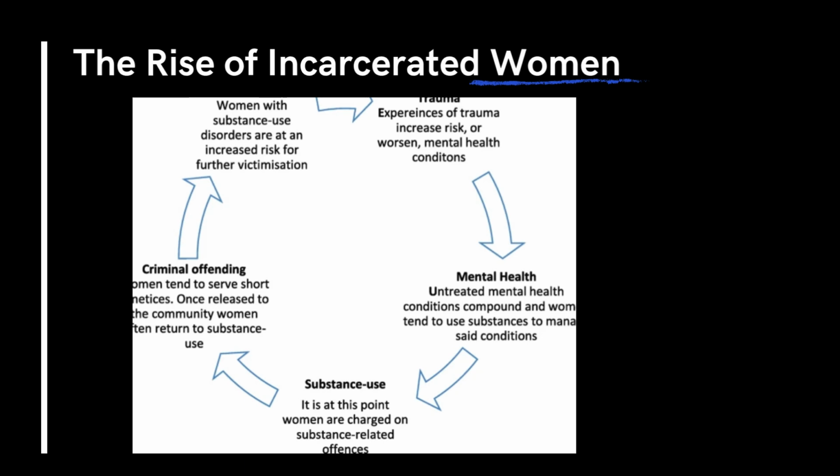Then we get to the substance abuse, and at this point, women are charged with substance related offenses. And then women tend to serve short sentences, and once released to the community, women often return to substance use because they weren't given the tools they needed to cope in life. And then we're back again.